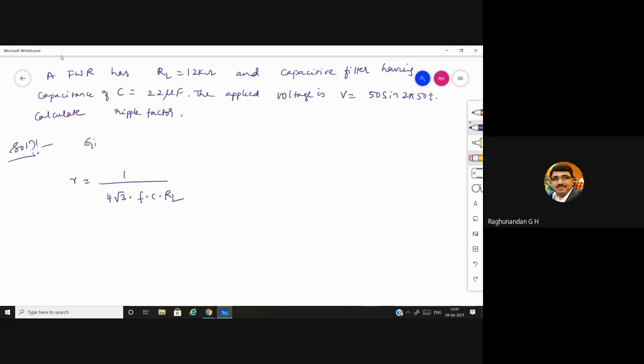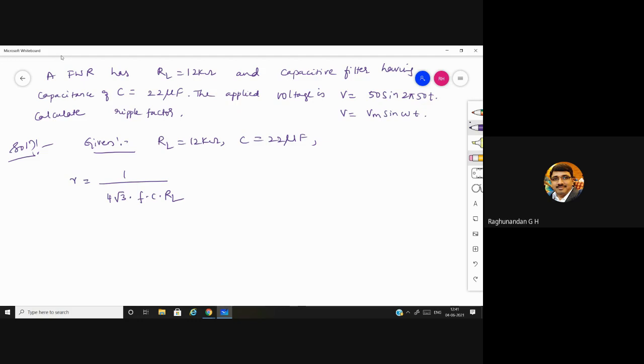So let us first list out the given. RL is equal to 12 kilo ohm and C is equal to 22 microfarad, and now we need to compare with our standard equation Vm sin omega t.